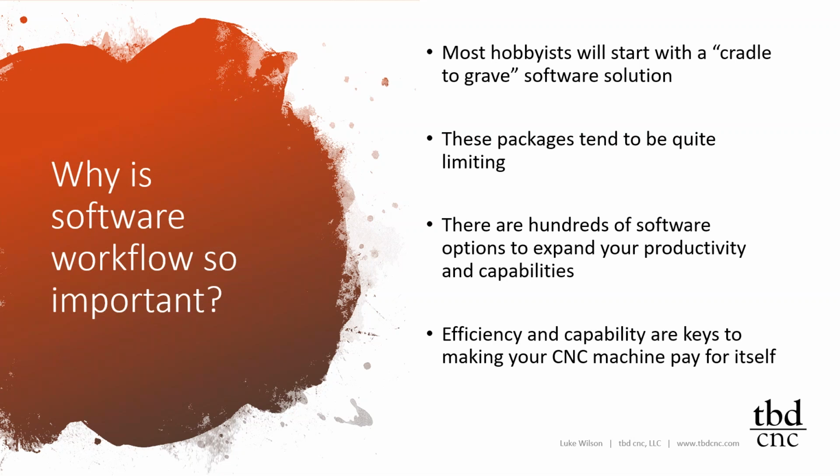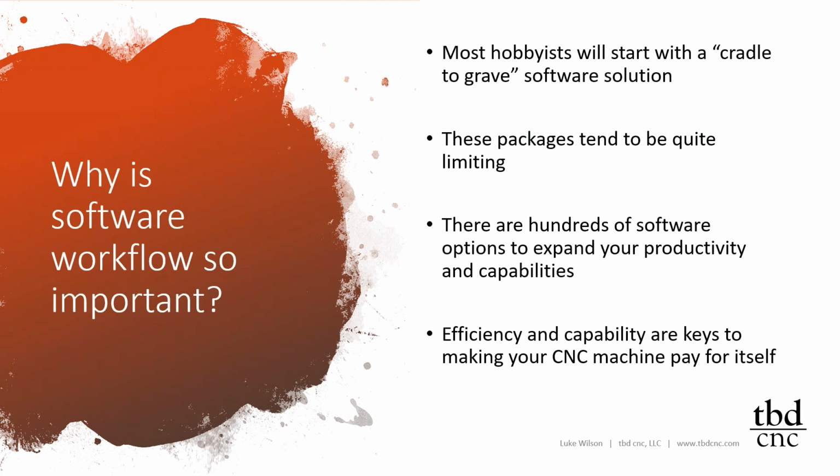The problem is these softwares are pretty limiting. There's a lot of stuff that should be easy and isn't, or just a lot of meat left on the bone. In the CNC world, there are literally hundreds of software options. We'll talk about maybe 5 or 6 today, but there is an unlimited number of options. So if you're not happy with what you're using, don't settle for it. There's always something else out there to try.